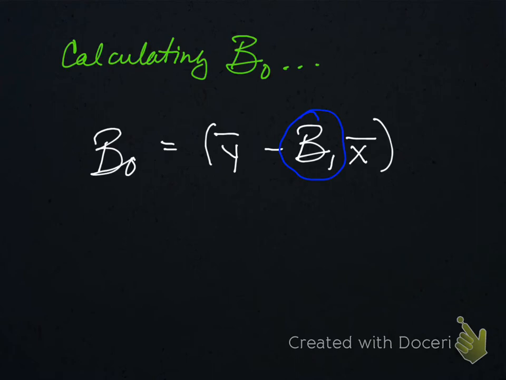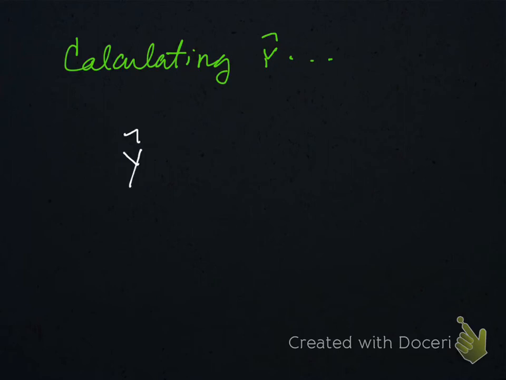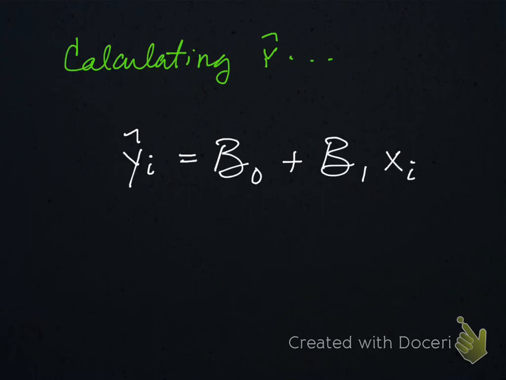So we calculate our intercept, and finally, all we have to do is plug and play for each predicted y. For calculating our predicted y-scores or y-hats, just like the equation I showed you a moment ago, we're going to plug in that intercept parameter plus that slope parameter we calculated in the previous two steps, and we're just going to multiply it for each person by whatever their score on x is.